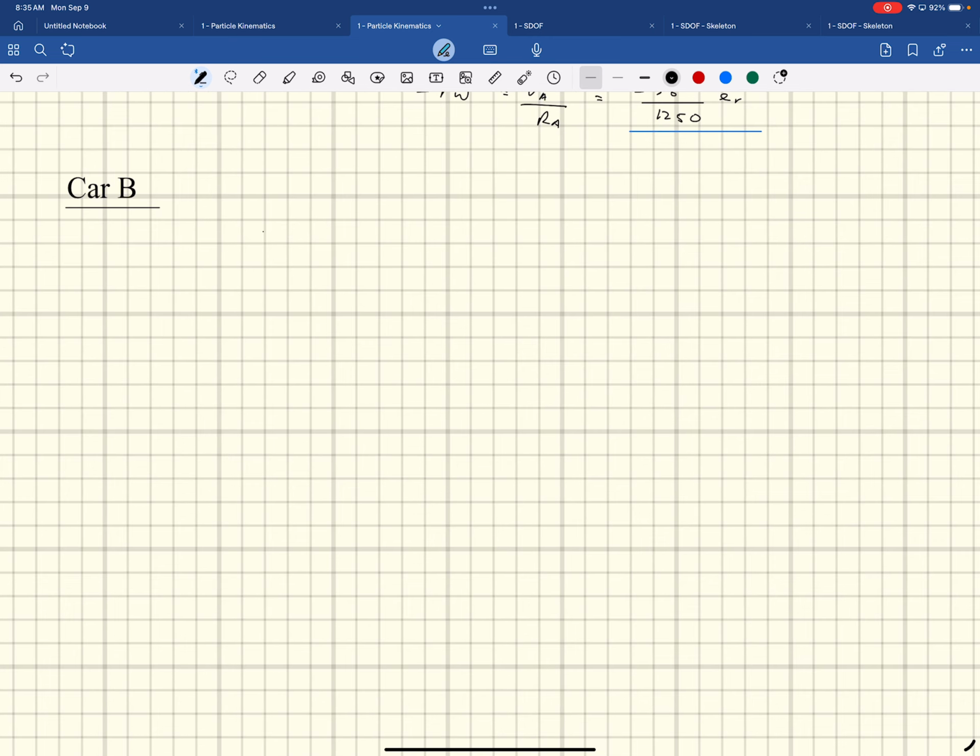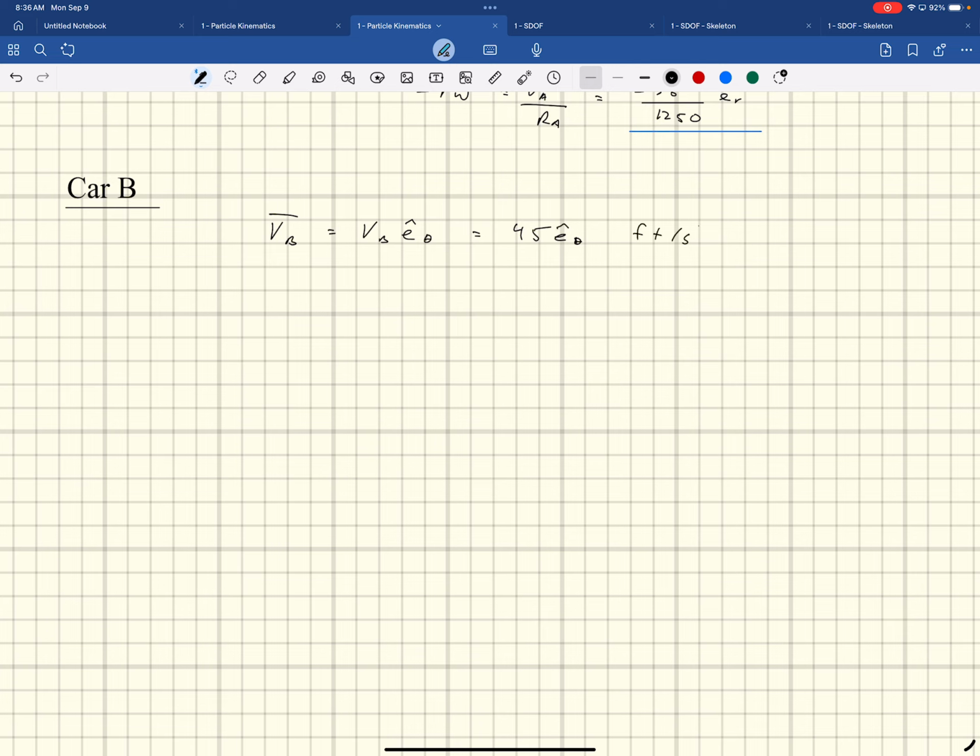Again, in polar coordinates, my VB vector is just going to be VB in the e theta direction. It's going to be equal to 45 feet per second in the e theta direction.